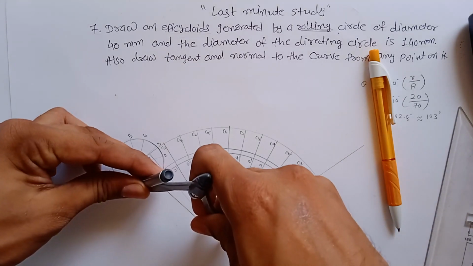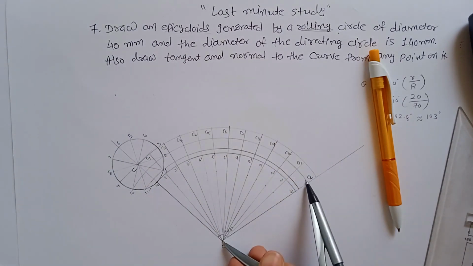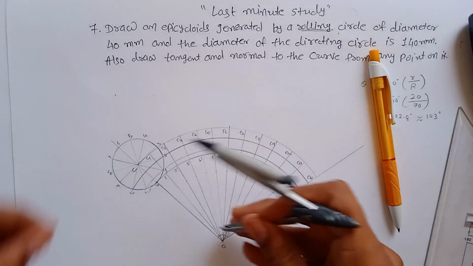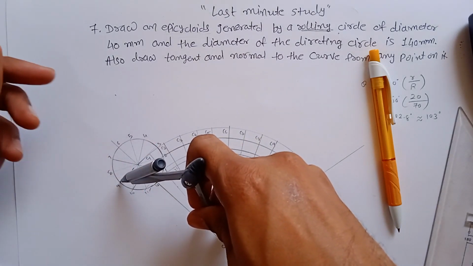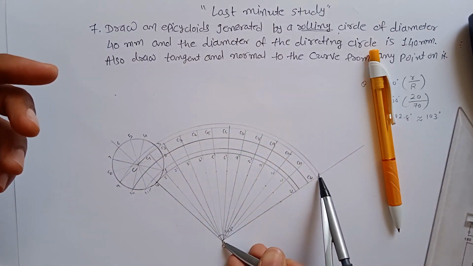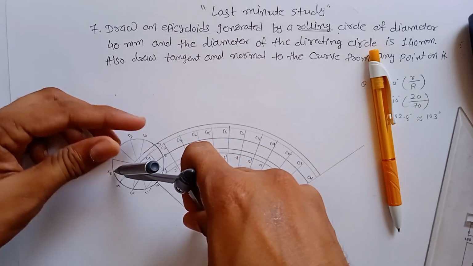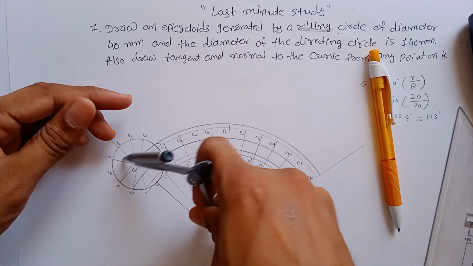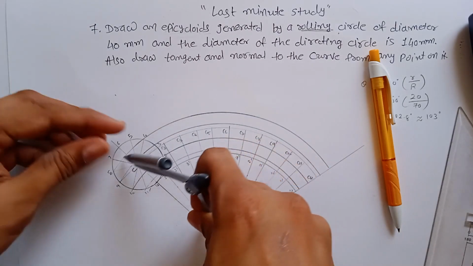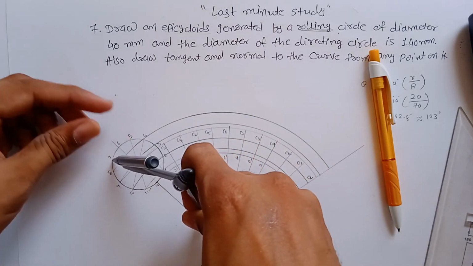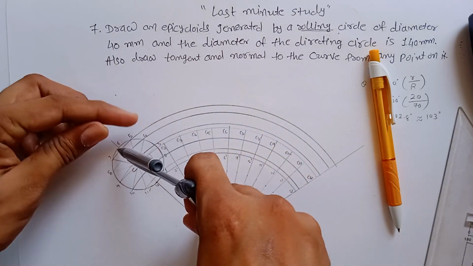This is 11 and 1, second one is 10 and 2, next is 9 and 3, 8 and 4, 7 and 5, and at the end 6.